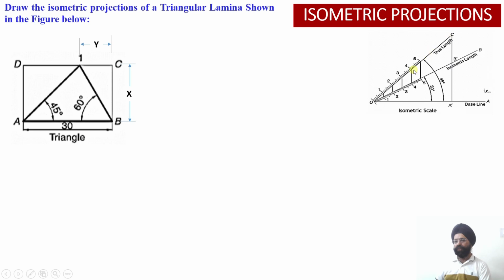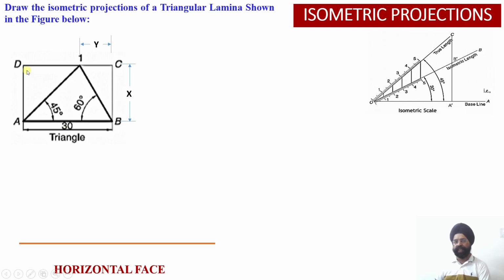Step 1, draw the isometric scale as usual. Next, start with the construction of this triangle. I cannot draw the triangle directly; I first have to draw it in the true scale. So the original true scale construction of the triangle has to be completed with the given angles and dimensions.